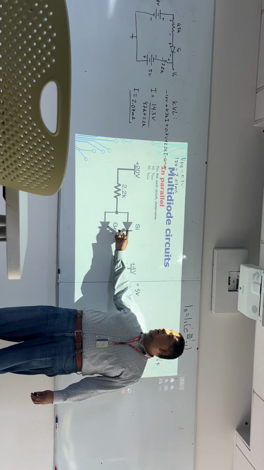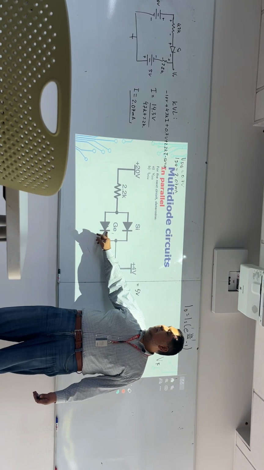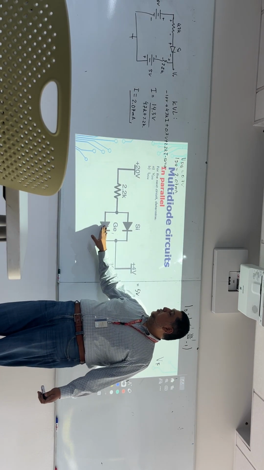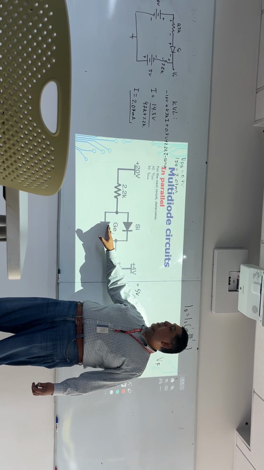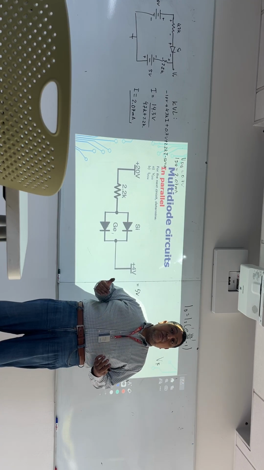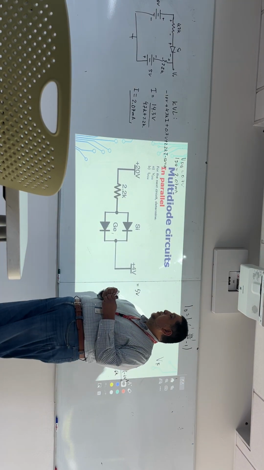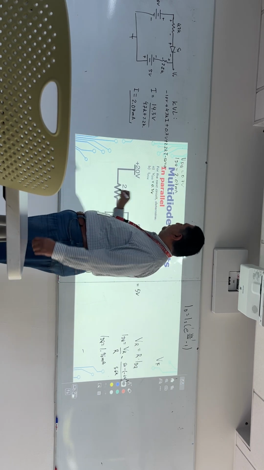Which one? The one that has the less activation voltage, and that is the germanium one. So this is actually on with 0.3, and the other one, since it is connected in parallel, is sharing the same voltage, even though it is off. Its voltage is 0.3. So very good. VD1 is 0.3.